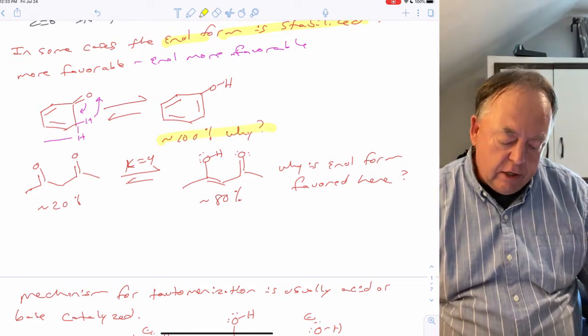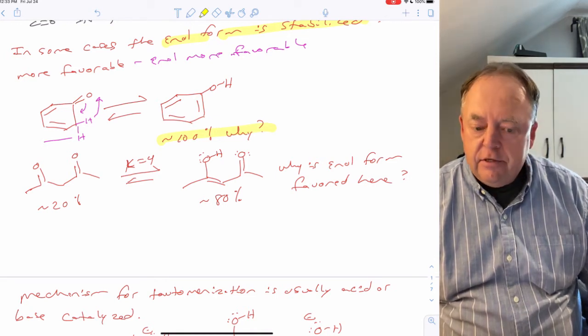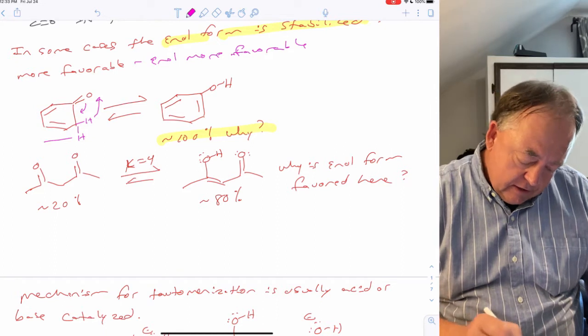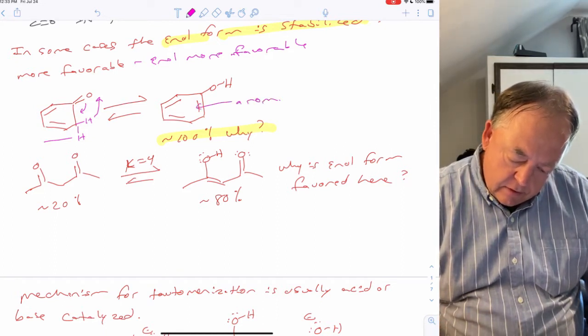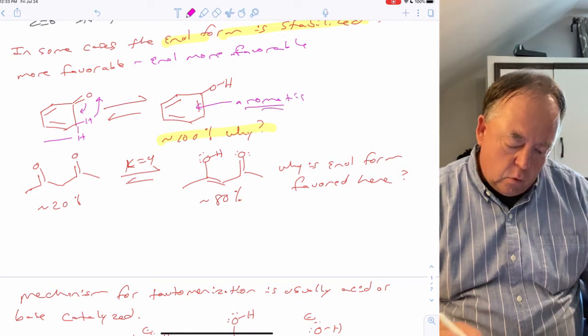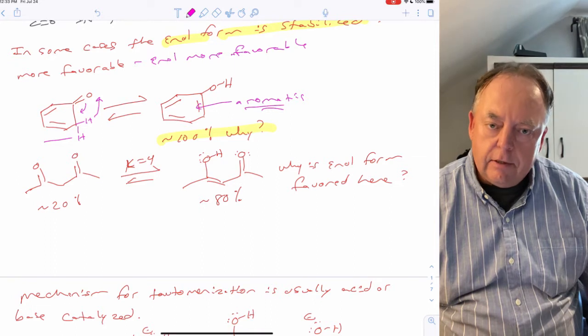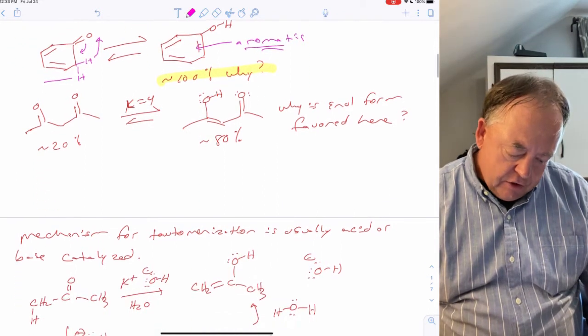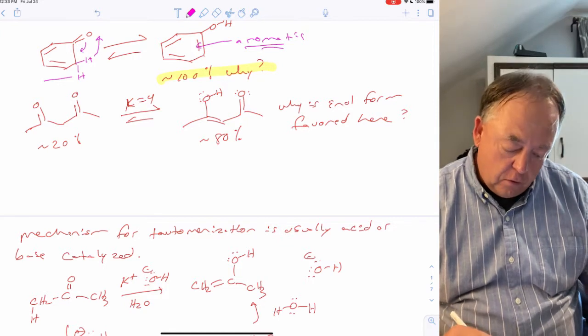There's very little ketone form, it's almost all enol form. Why is the enol favored in this case? Well, because this ring is aromatic, whereas it's not in the ketone form. And of course, aromaticity is extremely stabilizing.